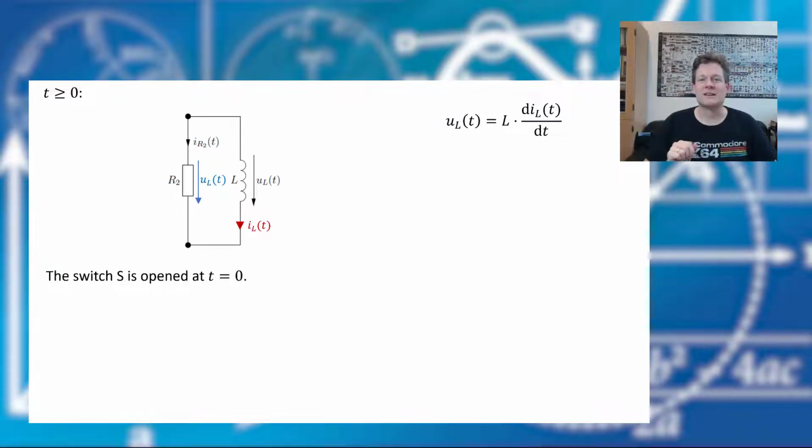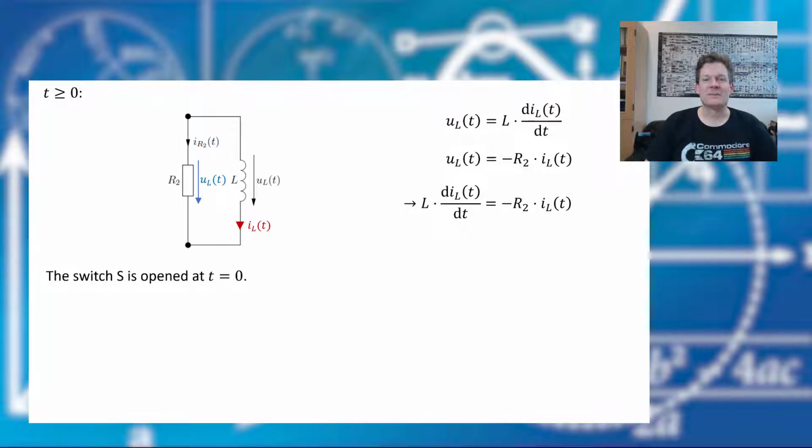That means voltage and current are defined in active sign convention, but the resistor is a passive element, and therefore we have to take that into account by adding a minus into Ohm's law.